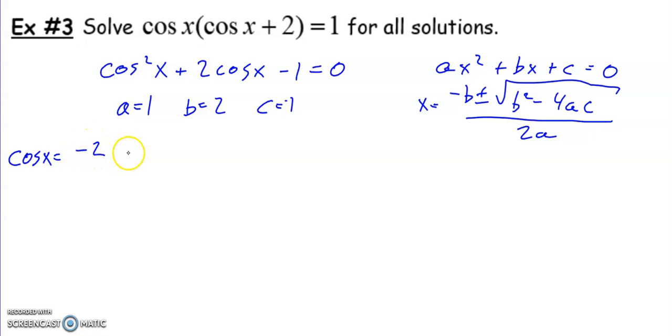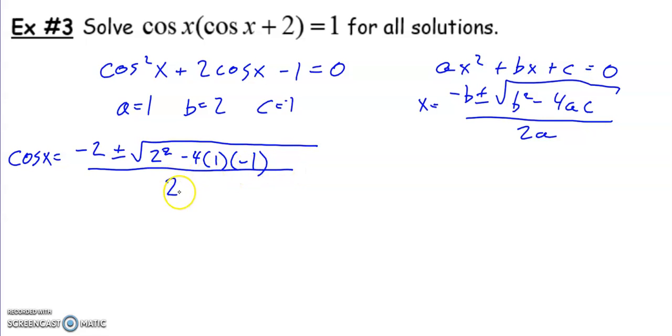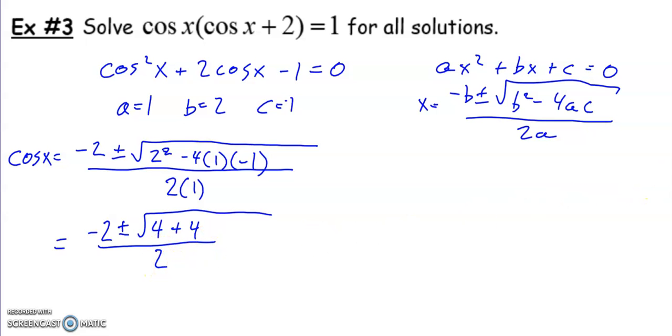So the cosine of x equals -2 plus or minus the square root of 2 squared minus 4 times 1 times -1, all over 2 times 1. So I'm going to get -2 on the outside, plus or minus 2 squared is 4 plus 4, all divided by 2.